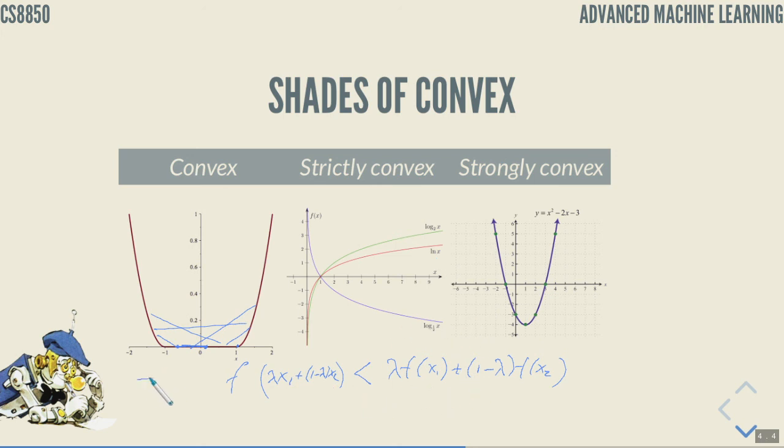So this is convex, and this is also convex. So what is the difference? This function can have equality. This function cannot have equality, but it's strictly convex. And an even stronger notion, and a more interesting one for us, is strongly convex.